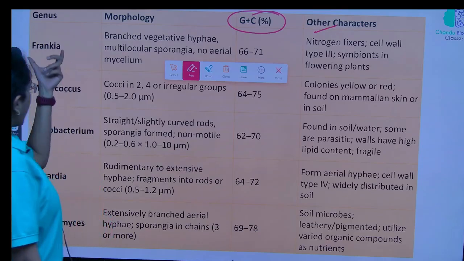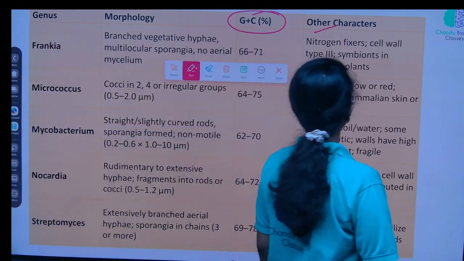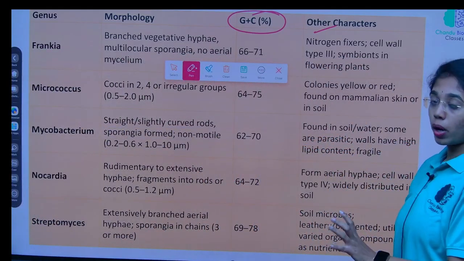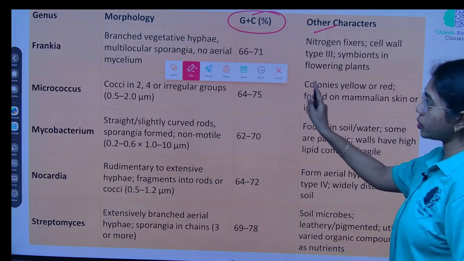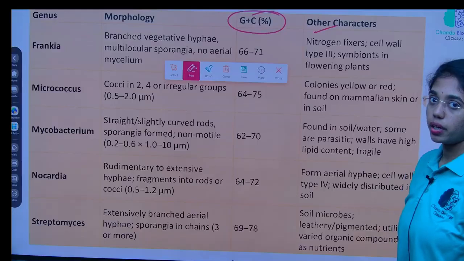You see the genera Frankia, Micrococcus, Mycobacterium, Nocardia and Streptomyces. What type of cell wall it has, what type it fits into, the guanine cytosine content percentage, and the morphology are to be noted, fine?